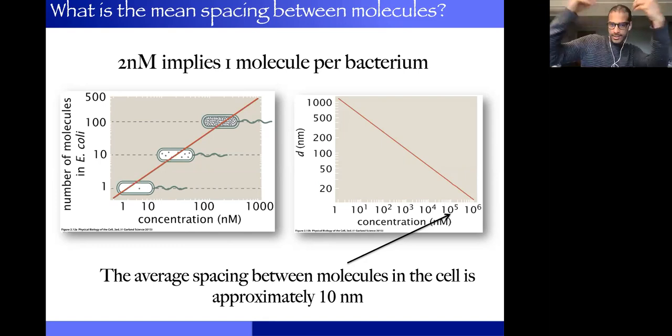The typical spacing between 2 proteins at concentrations of 10 to the 6 nanomolar is on the order of 100 angstroms, so 10 nanometers. So in a cell, a protein is basically seeing another protein about 100 angstroms away.